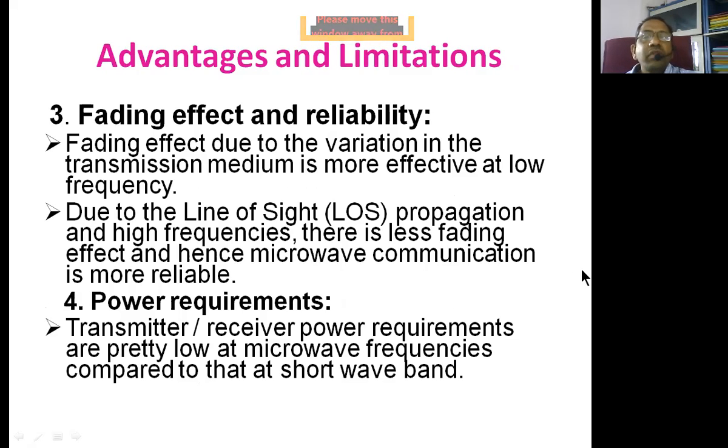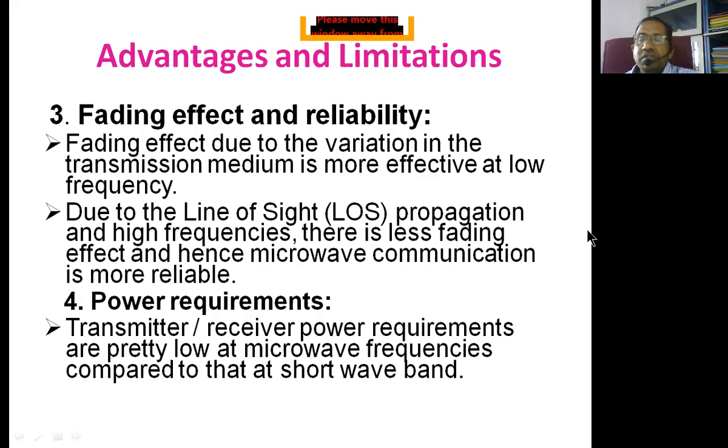Because of this line of sight propagation, it leads to another advantage, the fading effect. There is less fading, and therefore the transmission is more reliable. The fading effect due to variation in the transmission medium is more effective at low frequencies.